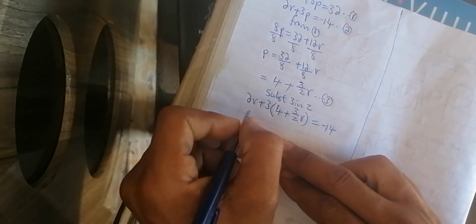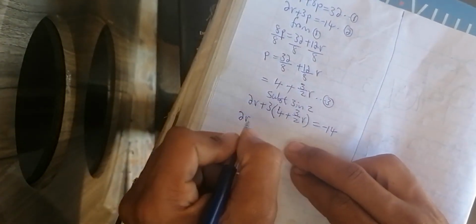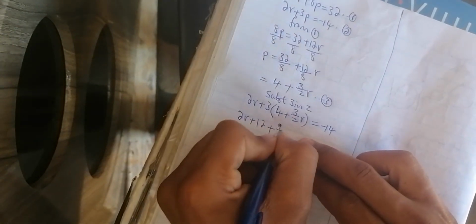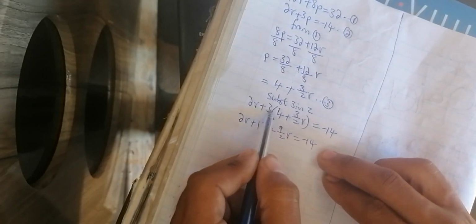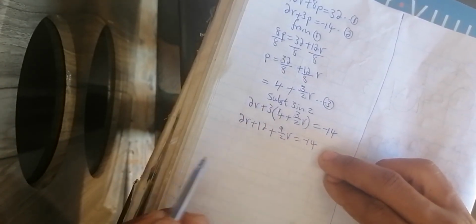Be that as it may, I can say twice R plus 12 plus 9/2R equals minus 14, removing the brackets by multiplication.